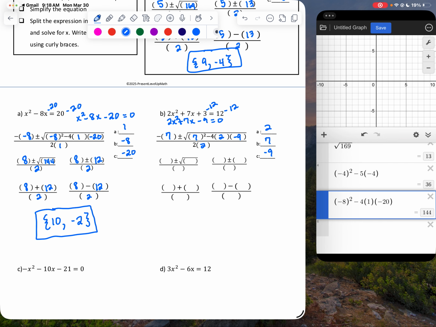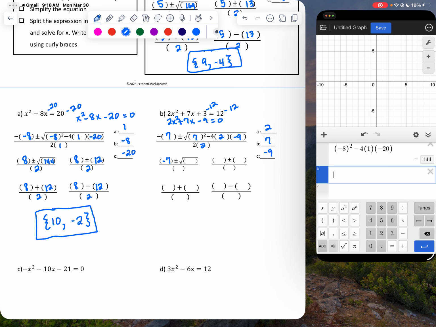The opposite of positive 7 is negative 7. Now let's figure out what number goes under our square root: 7 squared, minus 4 times 2 times negative 9. That gives me 121. On the bottom, 2 times 2 is 4.